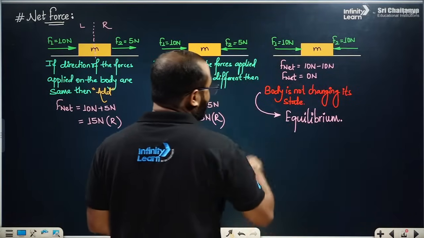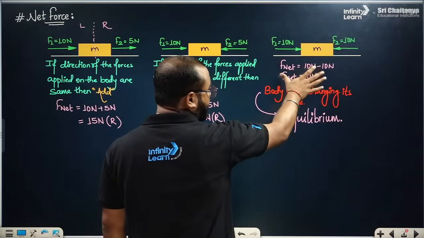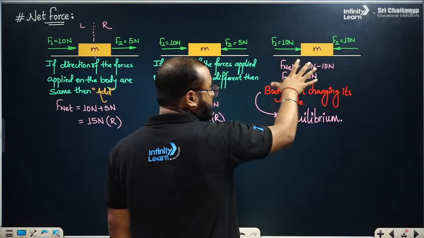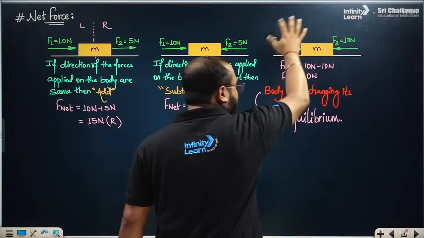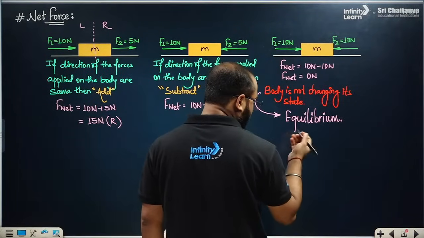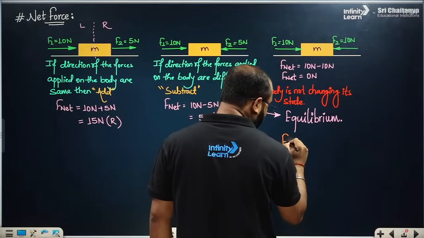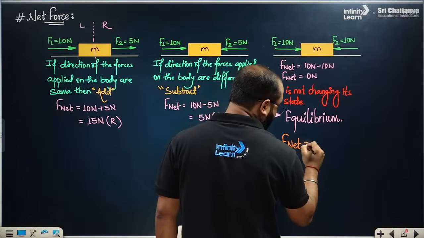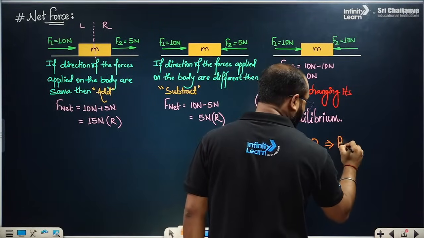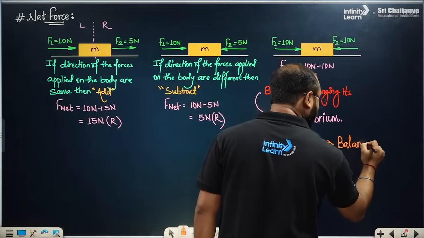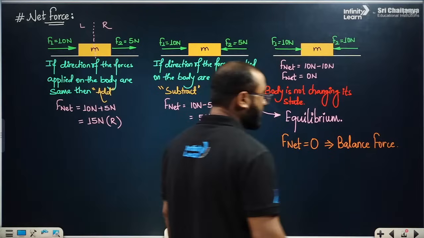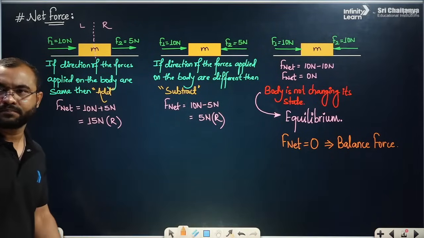Now, as you can see, F net is equal to 0. This condition leads to equilibrium, because the forces are equal and opposite. If F net is equal to 0, then this particular condition of force will be known as balanced forces. Simple.